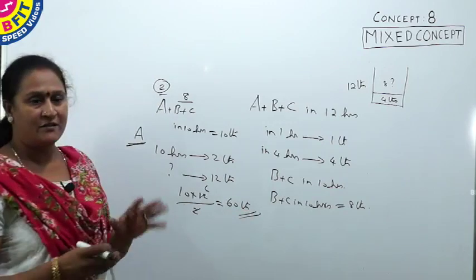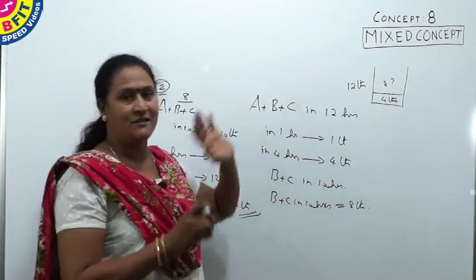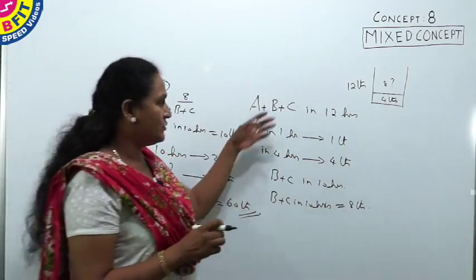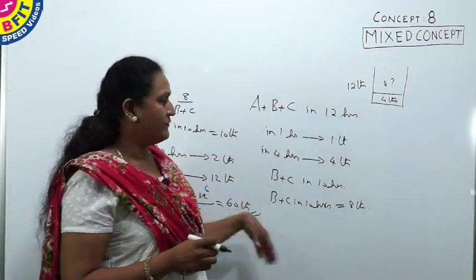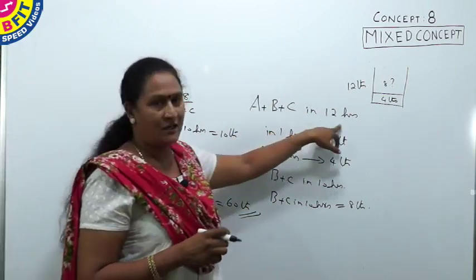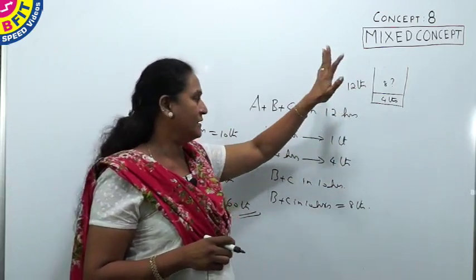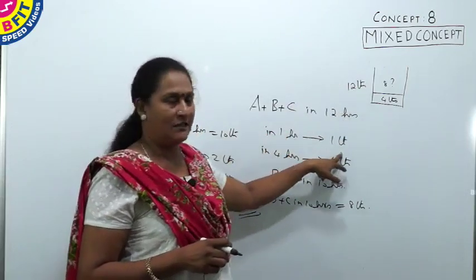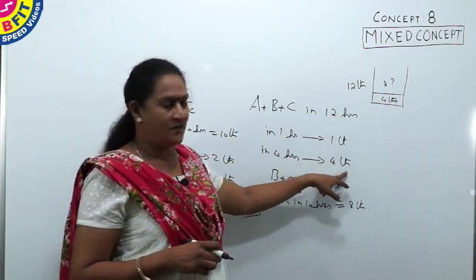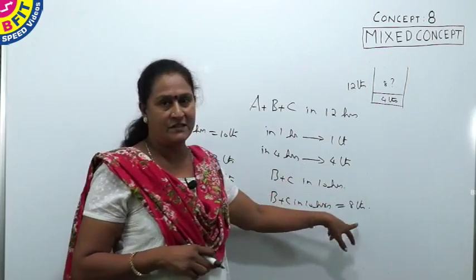So all these complicated workings we have worked out easily by this LCM method. Once you assume this LCM, you can easily work out all this without any complication. As there is only one timing given, we have taken 12 liters as the assumed capacity. So in 1 hour 1 liter, in 4 hours 4 liters, remaining is 8 liters. B and C in 10 hours fill this 8 liters.